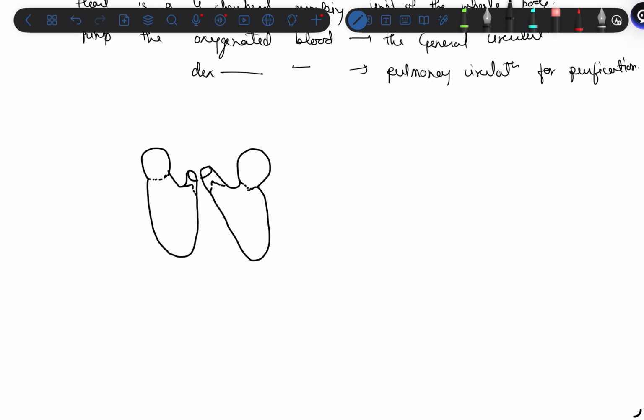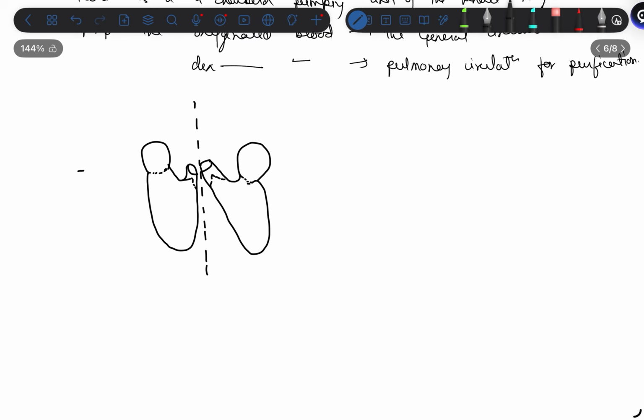This is the division of four chambers. This is the left atrium. This is the left ventricle. This is the right ventricle, and this is the right atria.